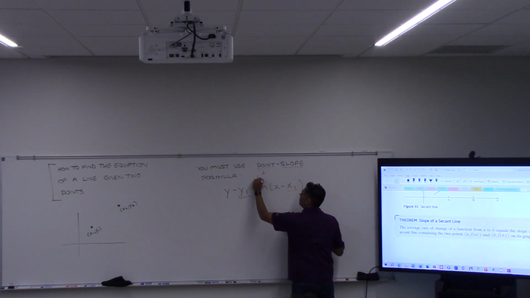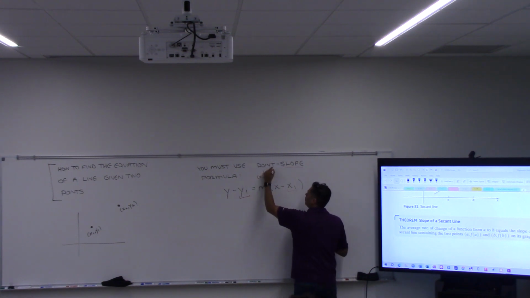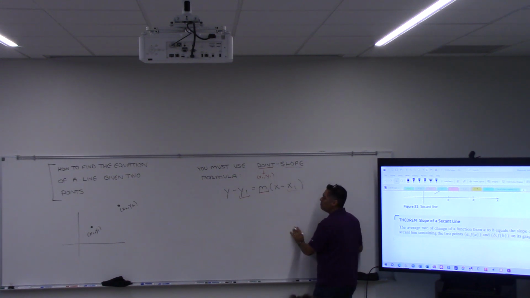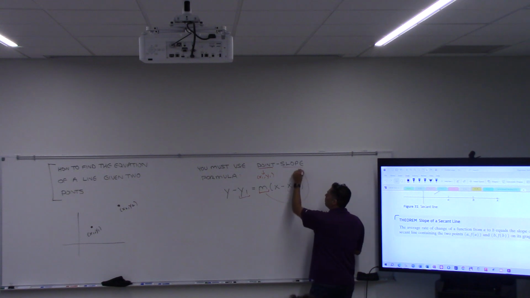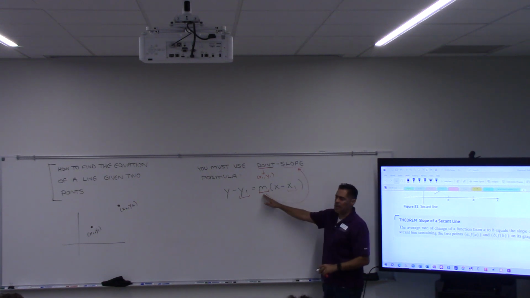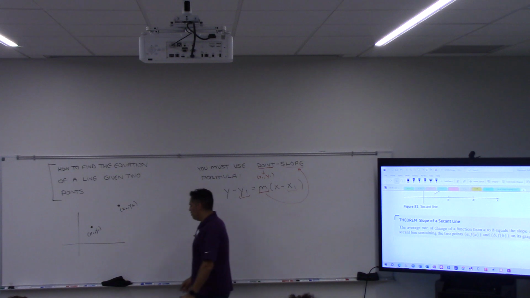That's the point that you have to be given. And then what's the slope in this thing? This right here is your slope. So if somebody gives you the slope of a line and a point on the line, all you do is plug into this equation and you're good to go.